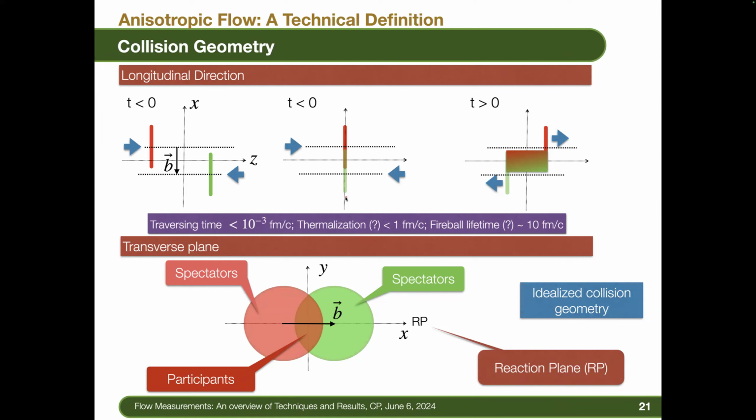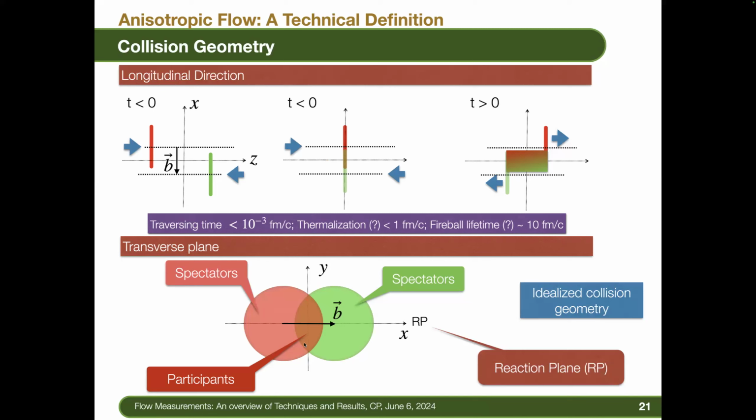How quickly is still somewhat a matter of debate, but it's less than a Fermi over c. Then as the system expands, this fireball will stick together for a little while. One can guesstimate by a geometric argument that it's going to be of the order of 10 Fermi over c. And so this is what we think is happening.